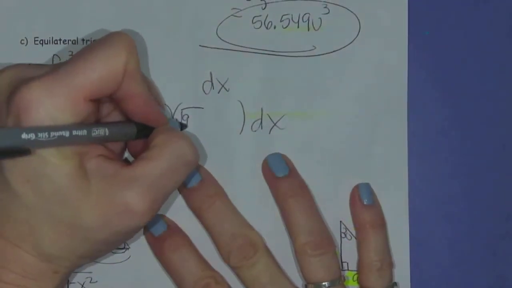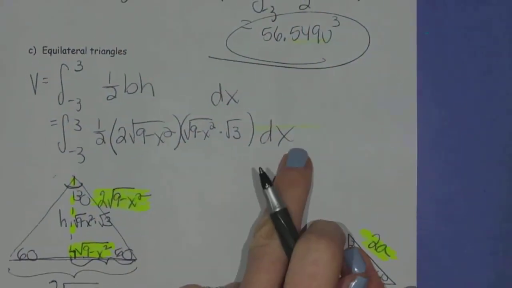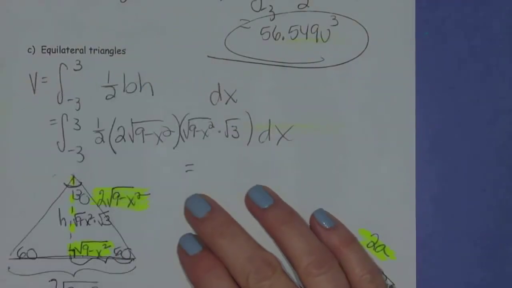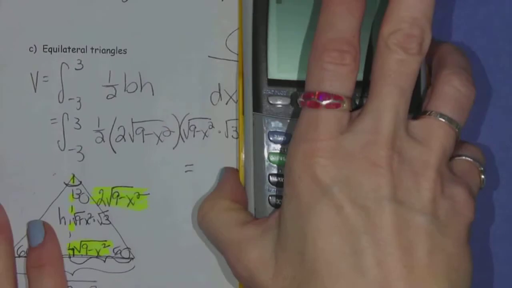So that is what I'm going to put here for height: root 9 minus x squared times root 3. And if I plug all this into my calculator, I should have the correct volume. So let me finish this video with that final calculation.